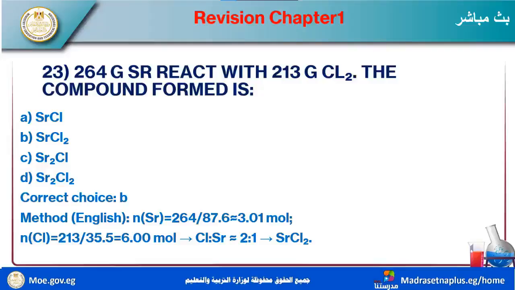Strontium chloride, SrCl2, but here we want to know the valences. Now we must know the number of moles. Divide 264 by the molar mass of strontium, equal to 87. Now we have approximately 3 moles of Sr.